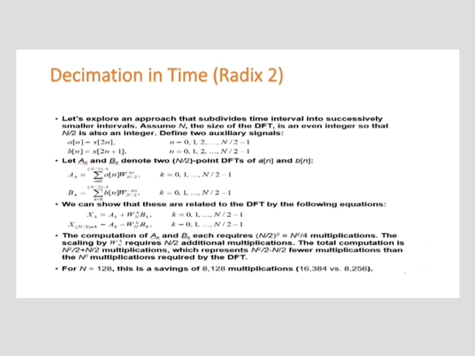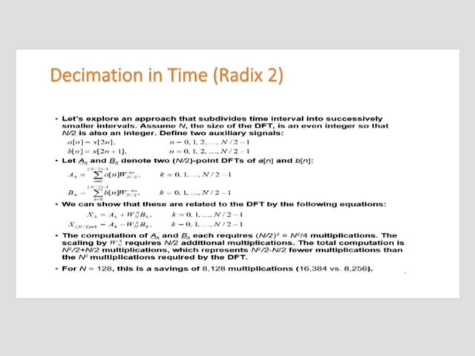So there are some equations for decimation in time radix-2. Let's explore an approach that subdivides the time interval into successively smaller intervals. Assume N, the size of the DFT, is an even integer so that N/2 is also an integer.